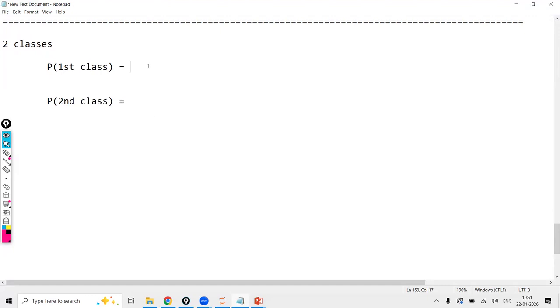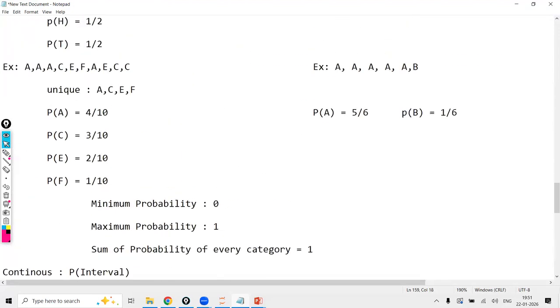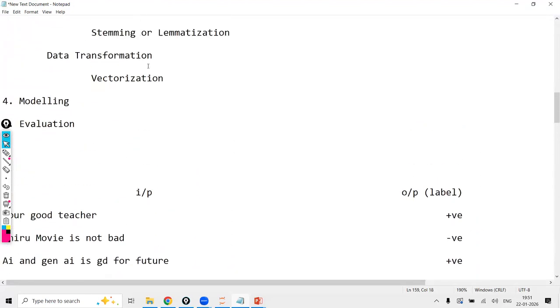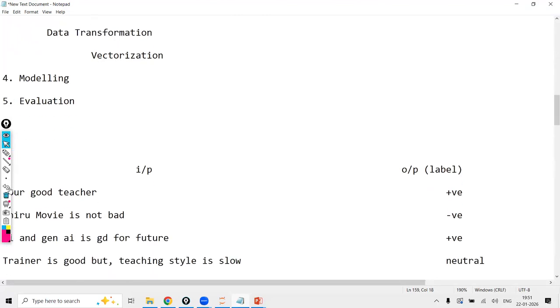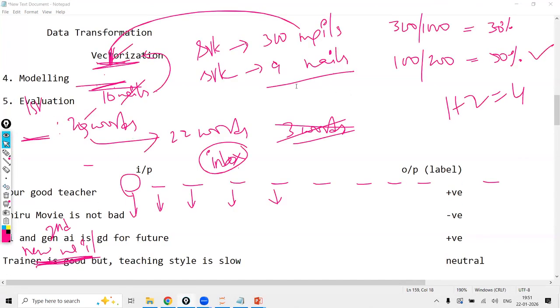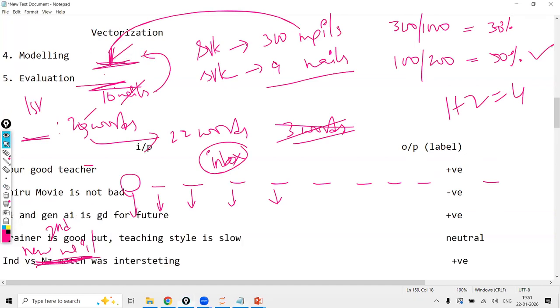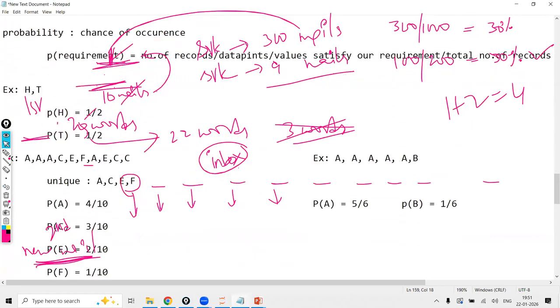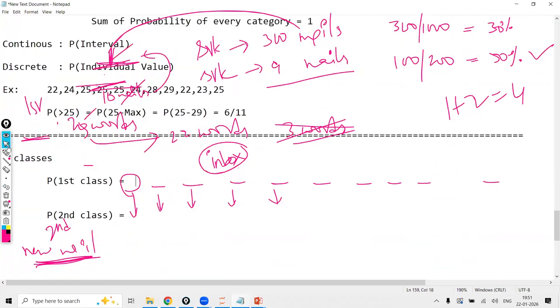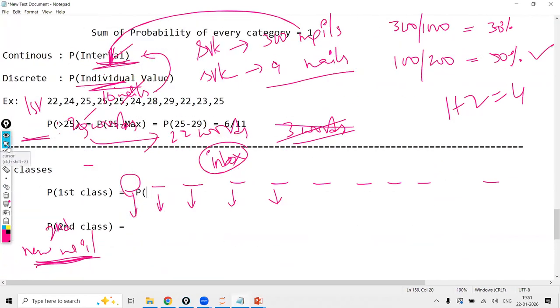For example, earlier I told you how the word SRK was repeated so many times. Now, for example, what is the probability of SRK within the inbox?